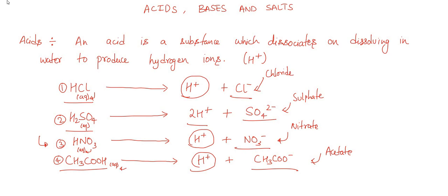Anions means ions having negative charge, and H plus is common in all 4 acids, whether it is HCl, H2SO4, HNO3 or CH3COOH. HCl will give H plus, H2SO4 will give H plus, HNO3 as well as acetic acid will also give H plus when they dissociate in water. So it is the basic definition of acid that an acid is a substance which dissociates on dissolving in water to produce hydrogen ion. Got it?